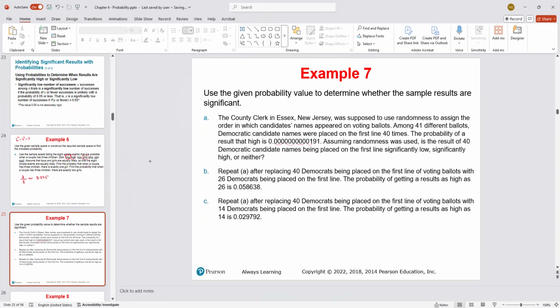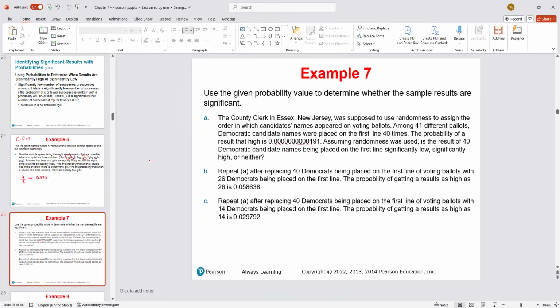It says that because the probability of a result such as 40 is small, right? I mean, that it's less than 5%. And because 40 is much higher than what is expected with randomness, it's going to be higher because they talk about it here.